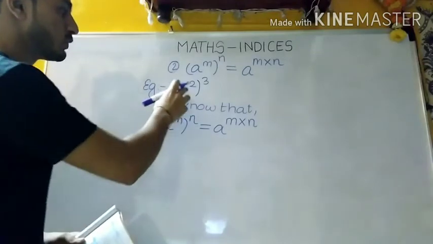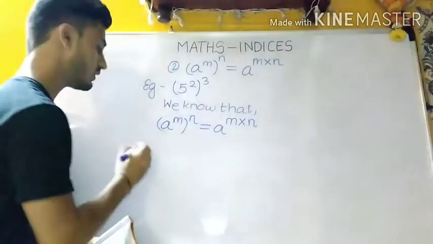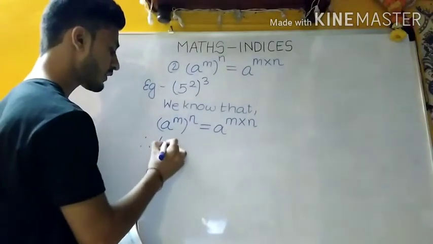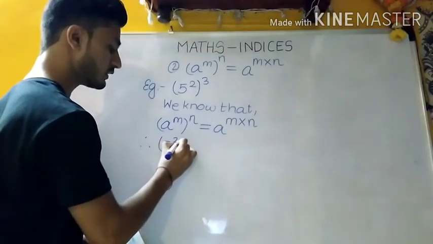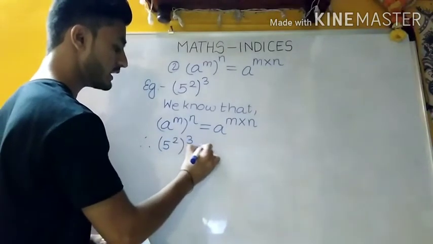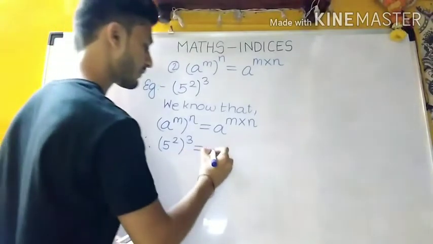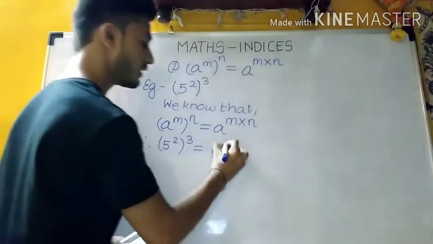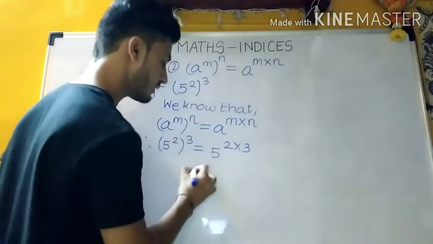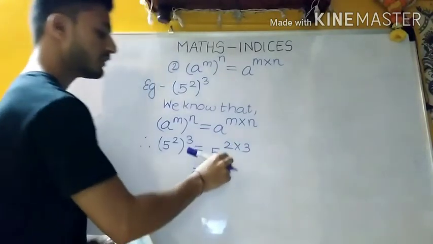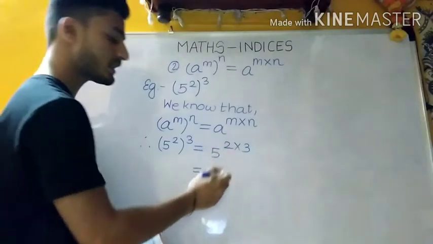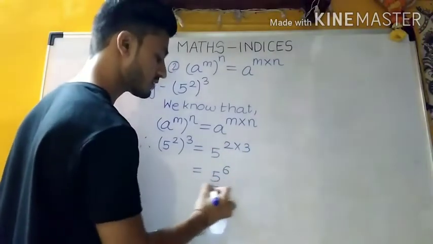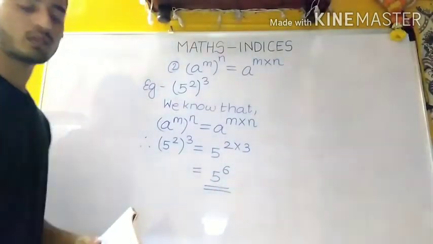Okay, now we will convert this question in the form of formula, that is 5 raised to the power 2 raised to the power 3 is equal to 5. Now it is multiplication, it will be 2 into 3. So it will be 5 raised to the power 2 into 3. What is 2 3s? 2 3s are 6. So this is your final answer. Okay.